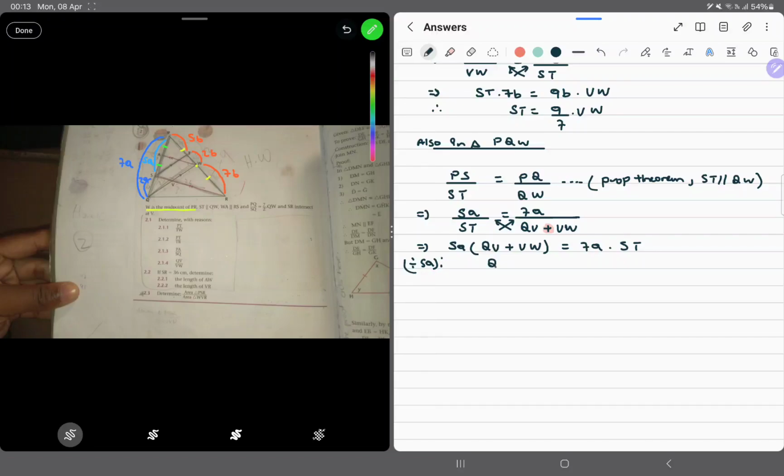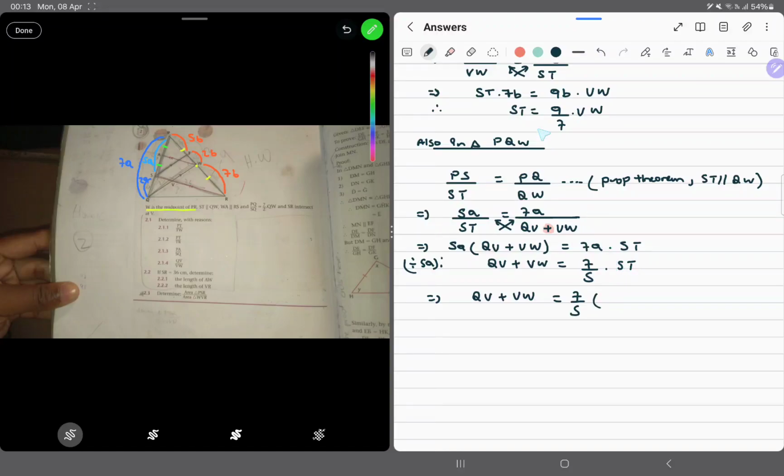What do we get? We get QV plus VW is equal to 7 over 5 times ST. The A's will cancel. So I'm moving a bit faster now. This also implies that now QV plus VW is equal to 7 over 5.